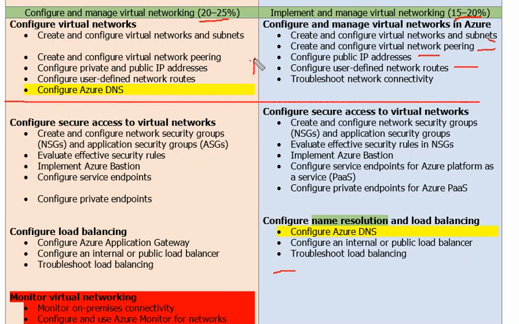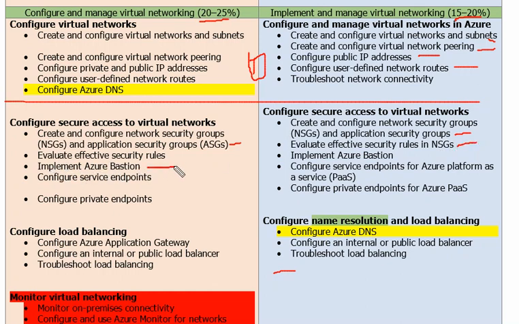The first one is done. The second part is configure secure access to virtual networks. So the title is the same. Create and configure network security group, NSG is there, and application security group is there, so both are here. Evaluate effective security rules is also mentioned here.